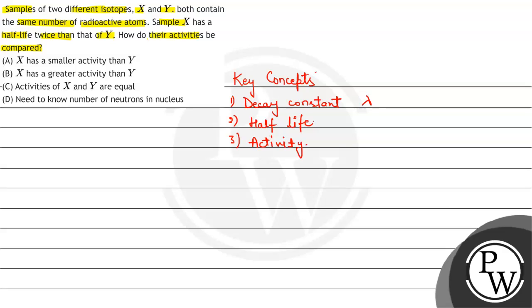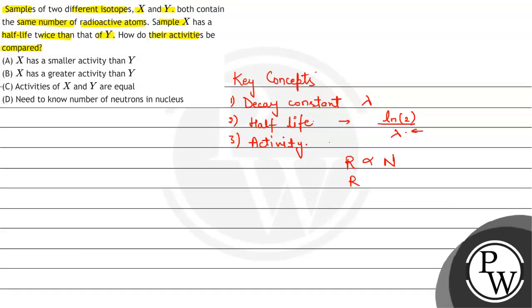So half-life is the time taken by the atoms to disintegrate, for the amount to become its half. So half-life is given by ln2 by lambda. Here lambda is the decay constant which represents the activity. Activity R is directly proportional to number of atoms initially.